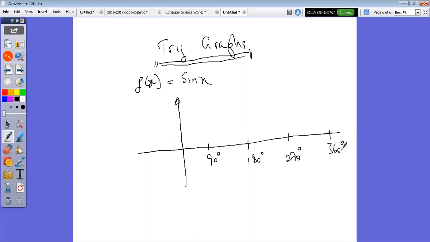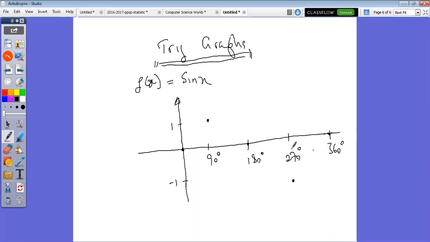Now, what is sine 0 from your calculator? Should be 0. Yes. What is sine 90? 1. No, 1. You see? What is sine 180? Should be 0 in a calculator. Yes. Sine 270 should be minus 1. Yes.